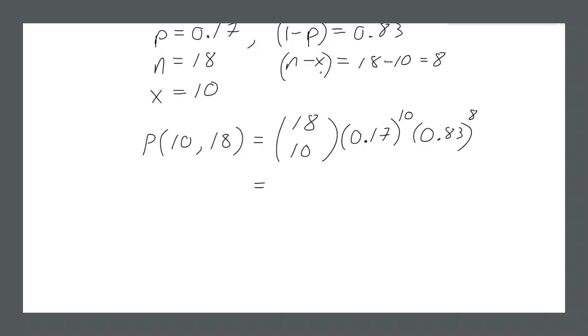So 18 choose 10 is 43,758. 0.17 to the power of 10 is going to be a very small number that I'll keep saved into my calculator.